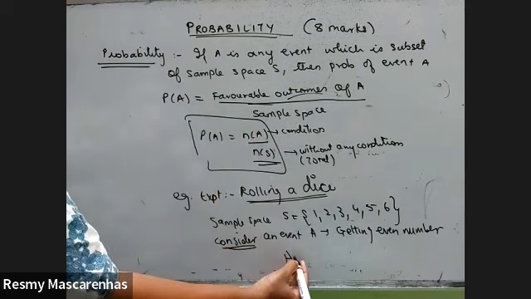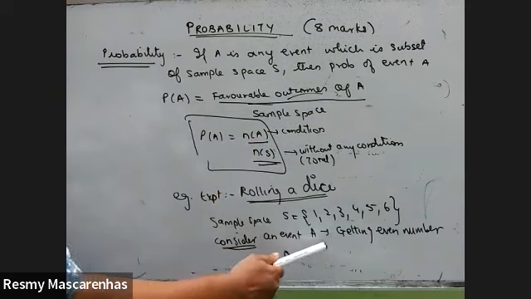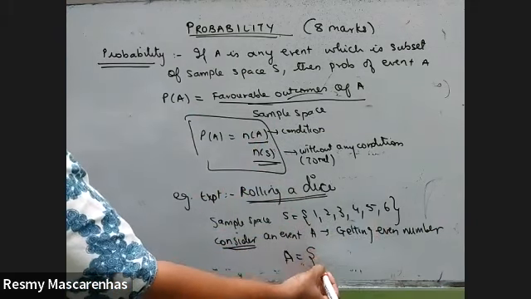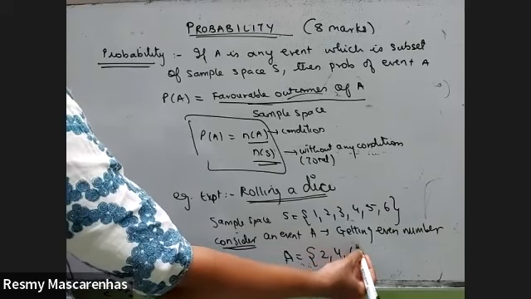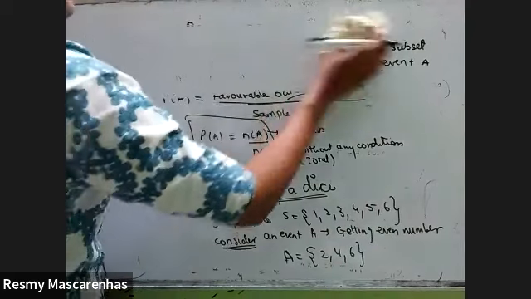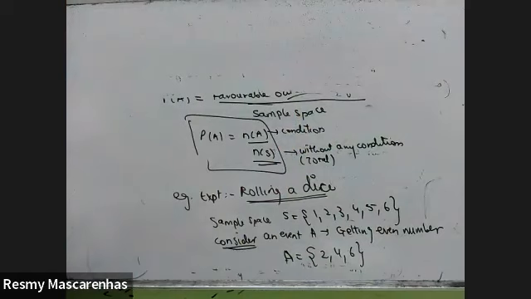Which are the even numbers on the die? 2, 4, and 6. So I want to calculate the probability of getting an even number.